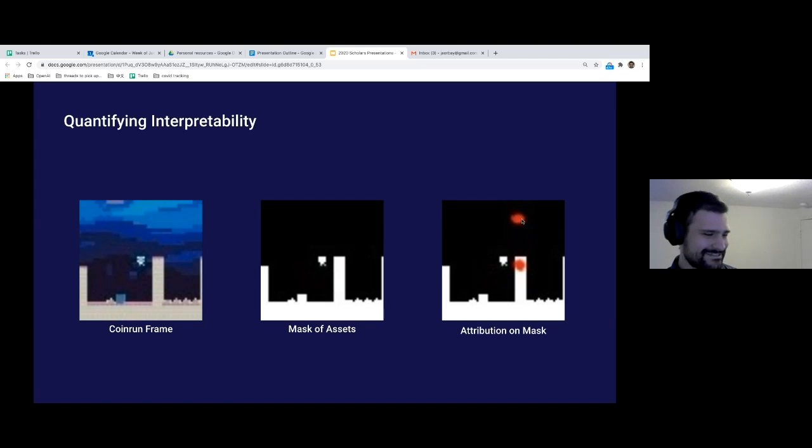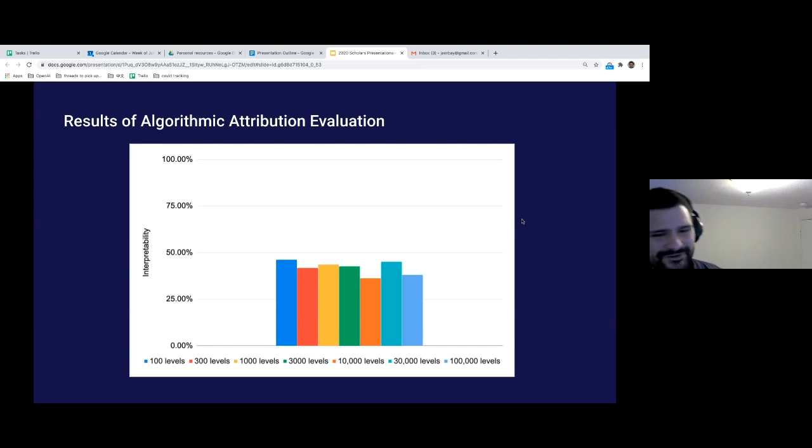Now, what does that look like? Well, it looks the same for all the models I trained, going from models trained on 100 levels, which in this context is very small, to models trained on 100,000 levels, a model trained on a lot of data, where we would expect very interpretable features if the hypothesis were valid. Now, what does this show?